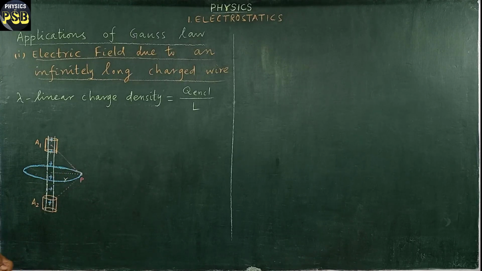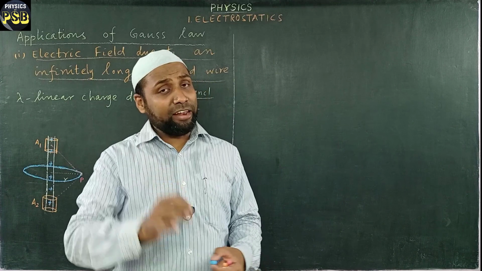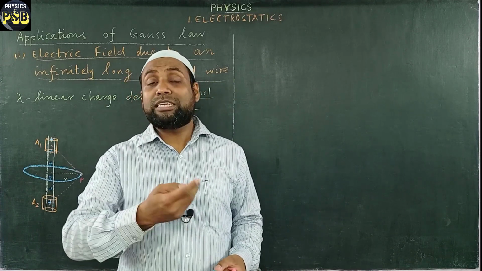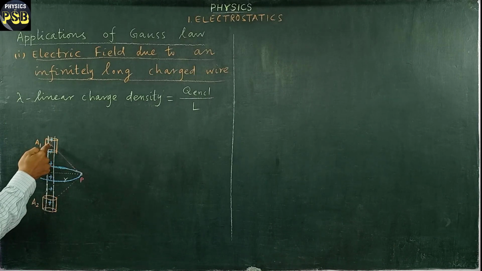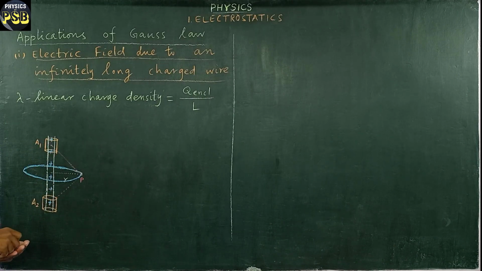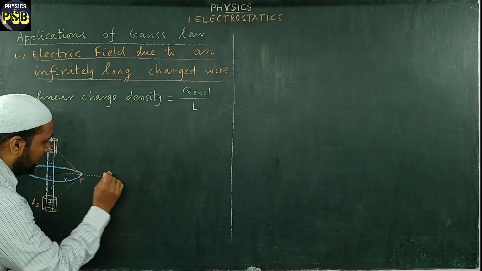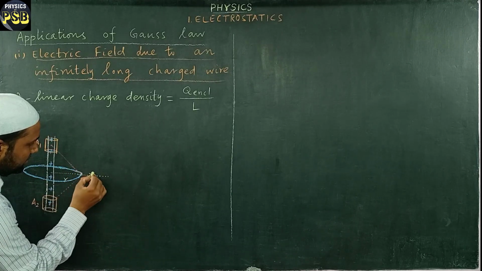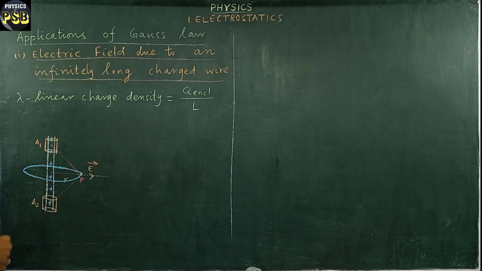As I have told you earlier, this wire carries positive charge. We know the electric field due to positive charge has electric field lines projecting outwards. So this positively charged wire also has an electric field in which the field lines are projecting outward. Here this arrow mark represents the direction of the electric field.